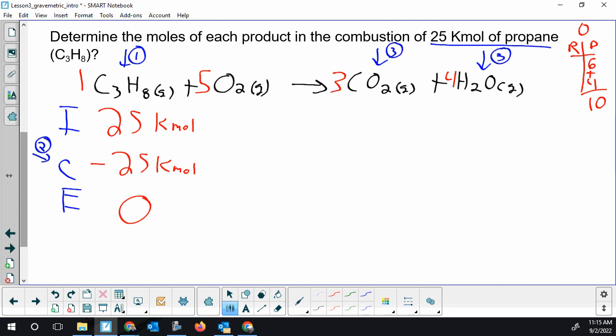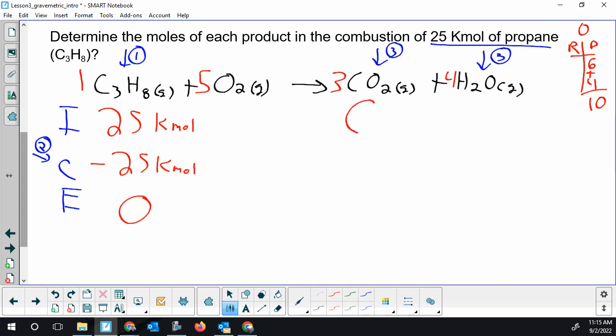You're going to do this in a lot of questions. It's not going to tell you the limiting or excess. You're going to assume what's reacting goes away. So that's step 1. Step 2, we're going to have to do twice, one for CO2 and one for water. Let's finish CO2 and then we'll finish the water column.